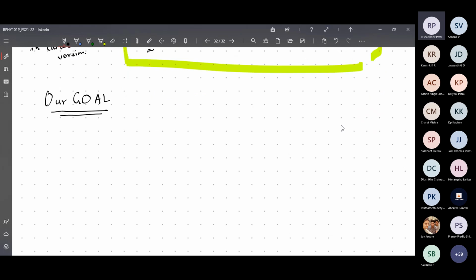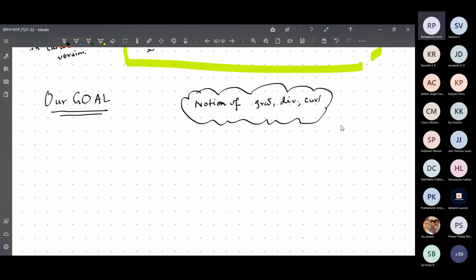So our goal is: you have a notion of gradient, divergence, curl. This is the first thing. Then you have a notion of the surface and volume integral.